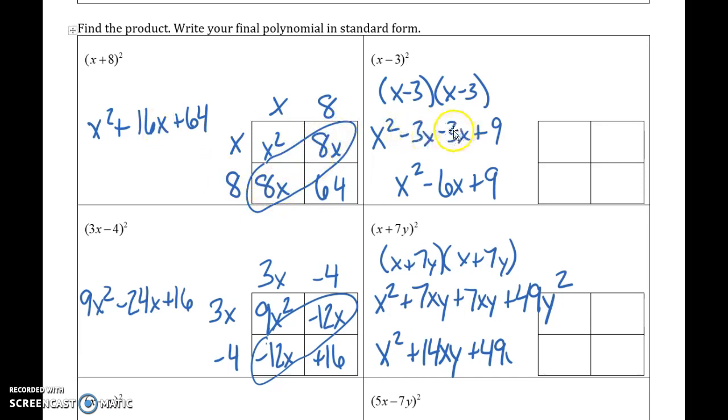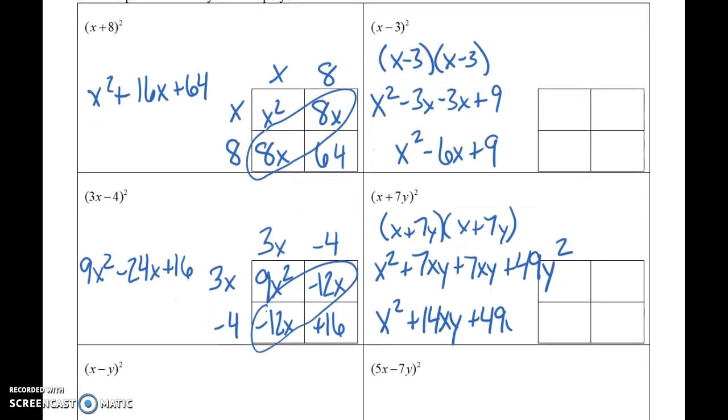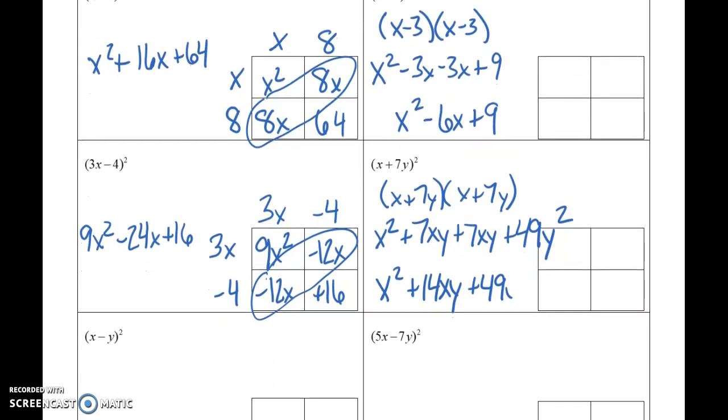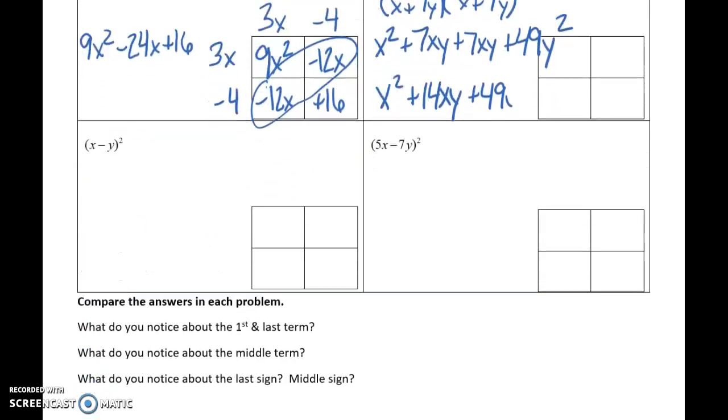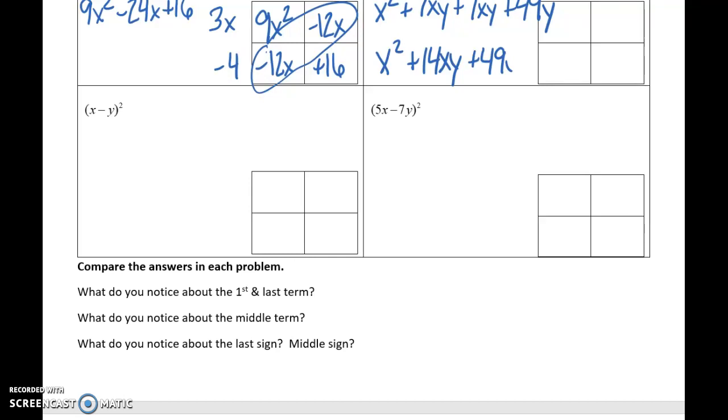So basically this middle term is always going to be the first times last, or the two middle ones multiplied together and doubled. I think that is a pattern some of you might use. I personally think writing it out and foiling works better for me than thinking through that as doubled in the middle. But if you can do that and see that pattern, then that is awesome.